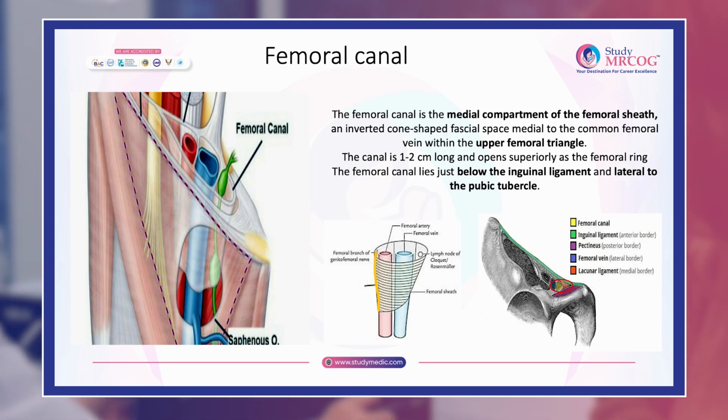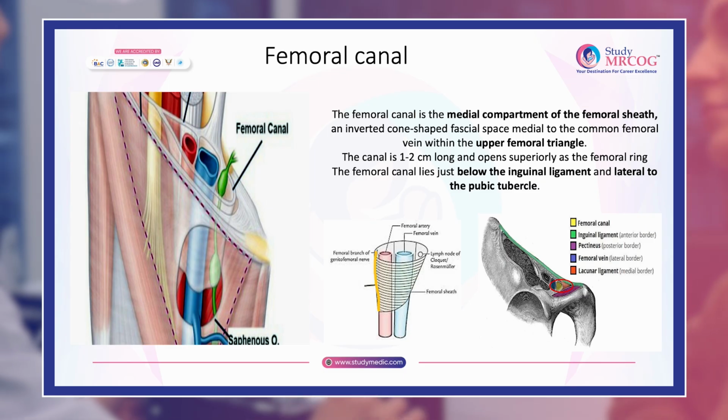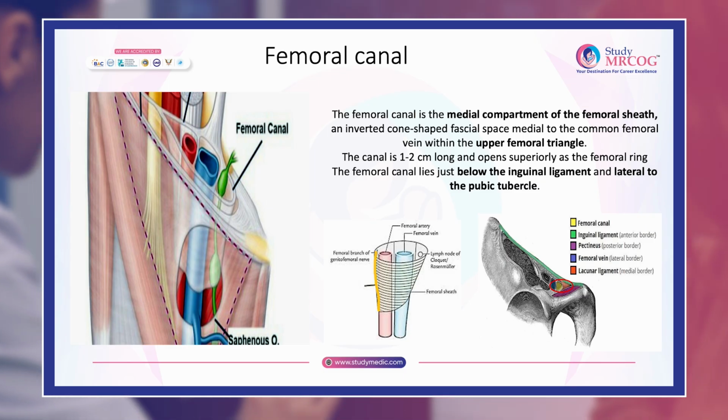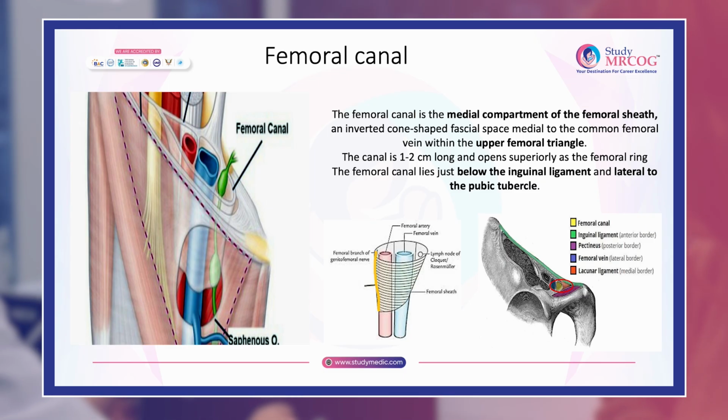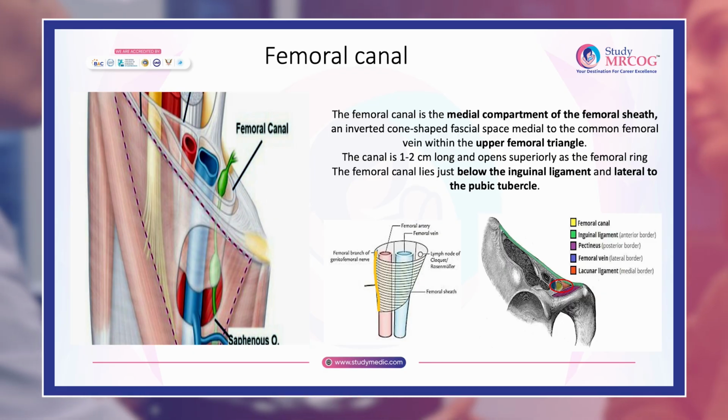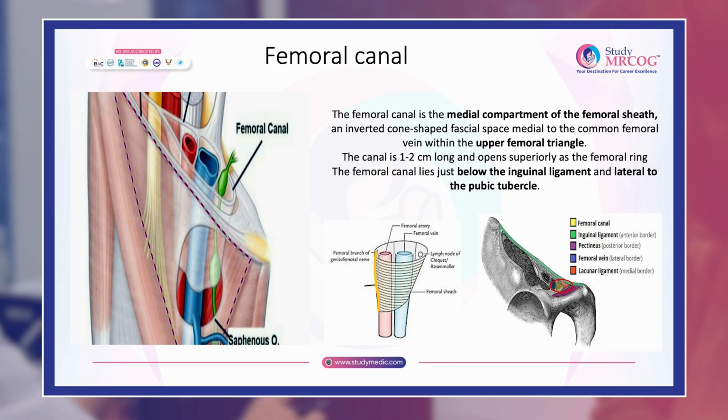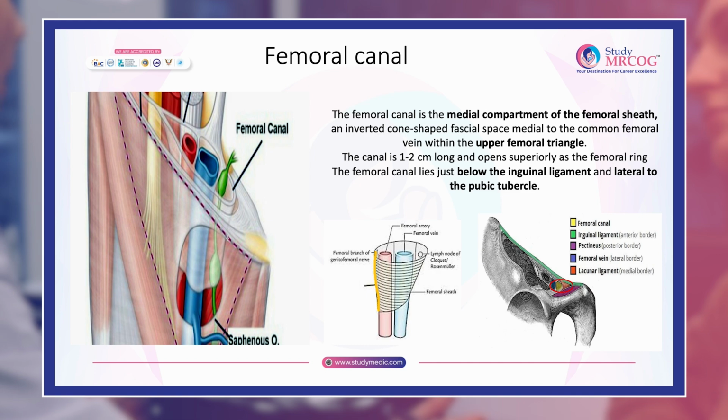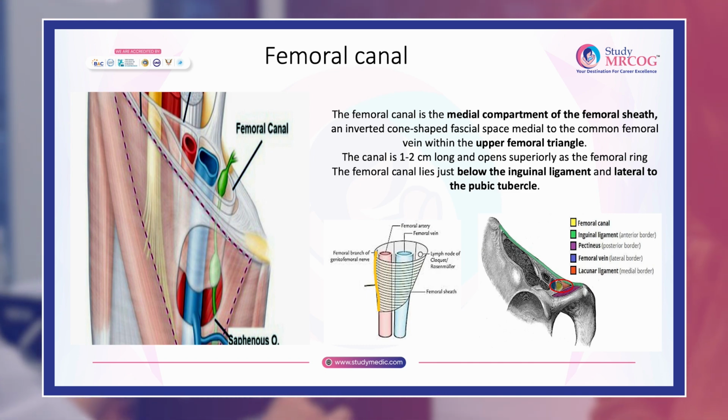The femoral sheath is another structure. This is an extension of the transversalis and iliopsoas fascia, which encloses the proximal parts of the femoral vessels. It extends 3 to 4 centimeters inferior to the inguinal ligament, and it is subdivided into 3 compartments.